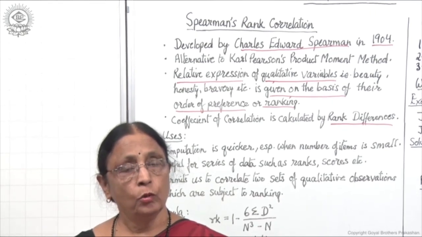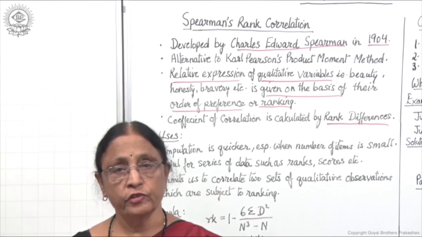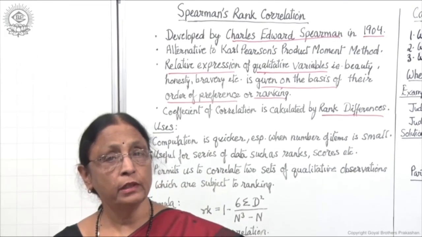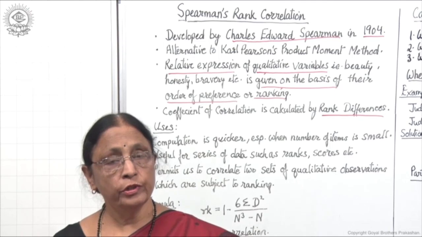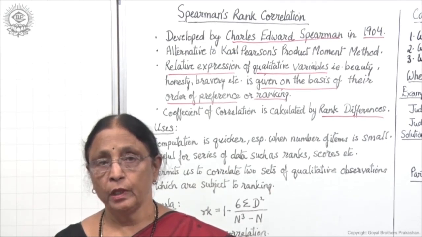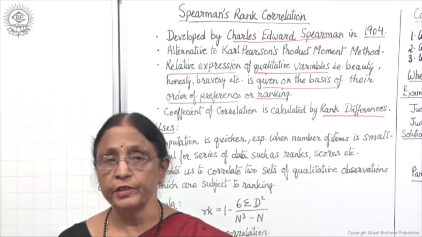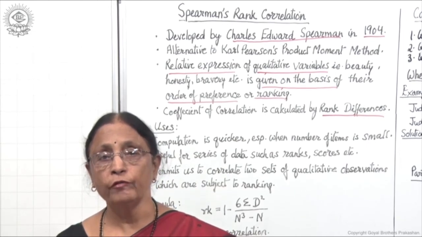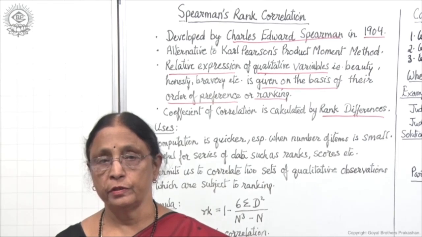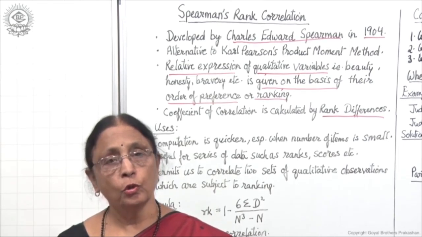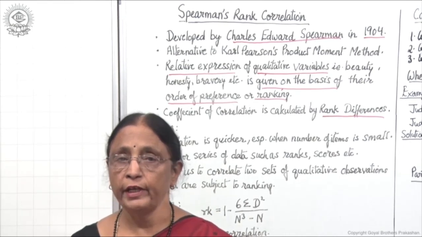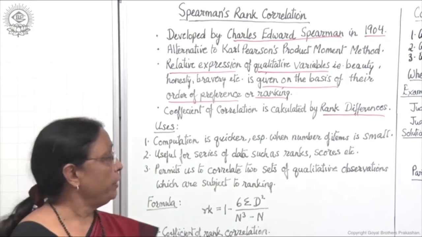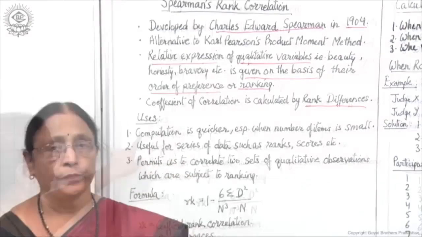Maybe one person is allotted first rank by one judge and the same person may be allotted third rank by the other judge. So in this way ranks may be different, and on the basis of rank differences we find out the correlation of judgment of 2 judges, right? So on the basis of ranks given we find out the correlation between the judgments or between 2 variables.